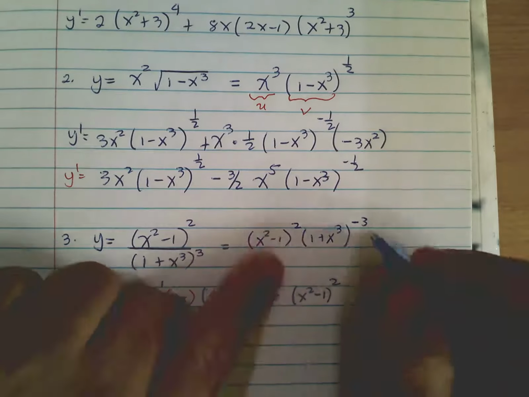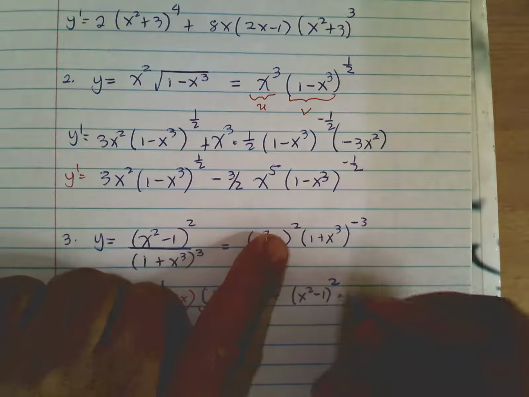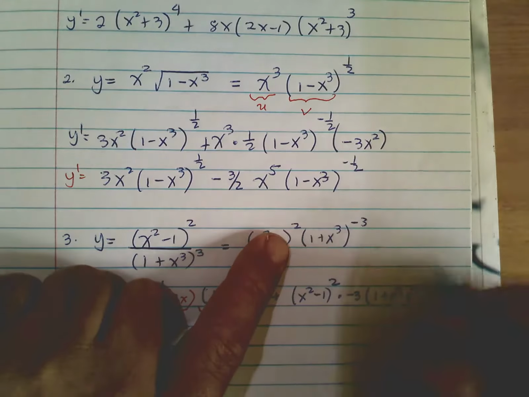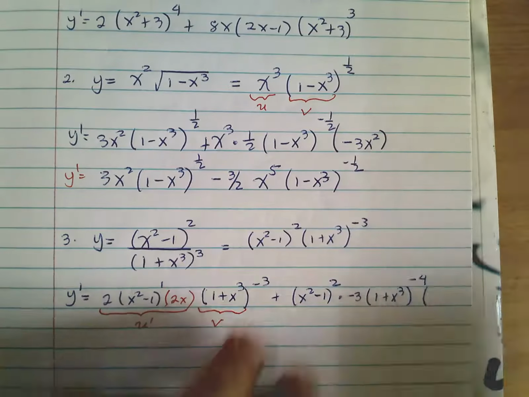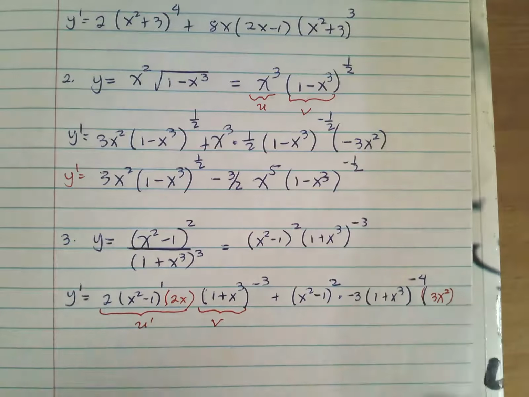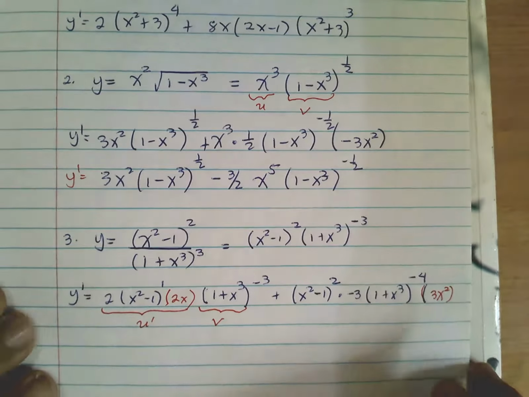The v prime is this, so put it down: times negative 3, (1 plus x cubed) raised to negative 3 minus 1, which is negative 4, times again the derivative of the inside, because we're doing the chain rule. So that is 3x squared. Never forget the chain rule.